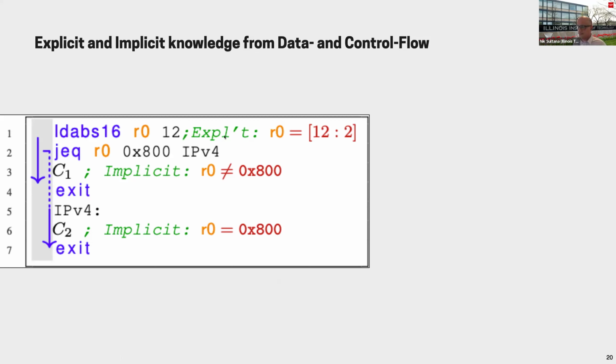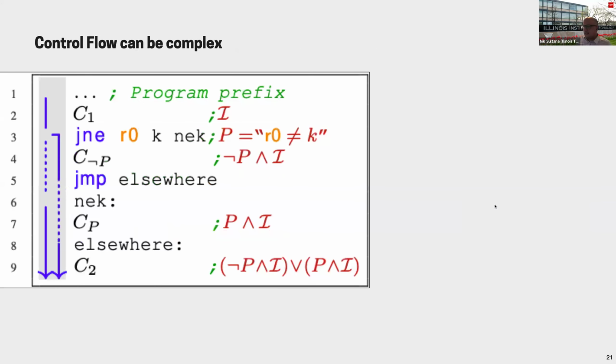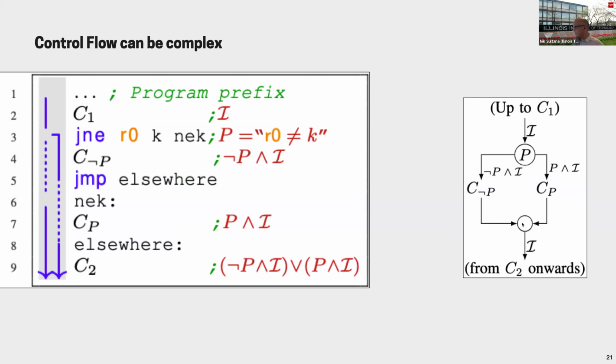And then based on that explicit knowledge, we can turn it into implicit knowledge based on the branch that the code takes. And we can draw the topology as having a property, and then have a branch in which the property is false and the branch in which the property is true. And we can branch forward and we combine the flow, right?